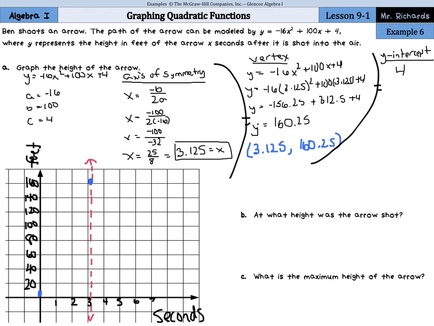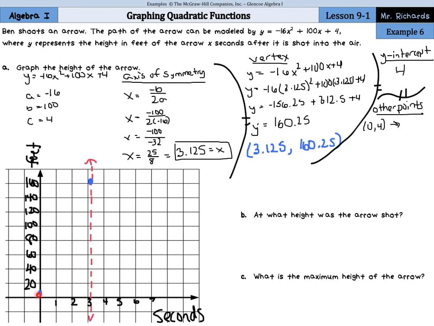Now, we're left to do other points. Well, if we start off by knowing that 0, 4 is our y-intercept, what is the other point that's going to be there on the other side of the axis of symmetry?